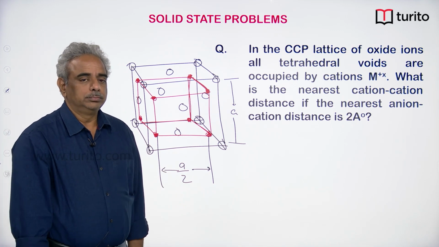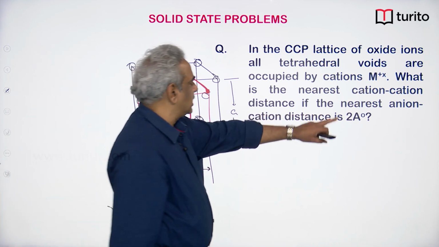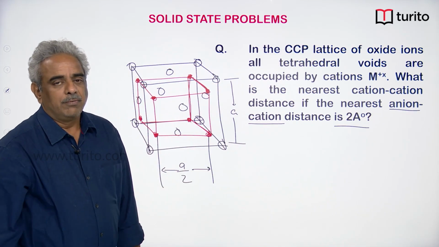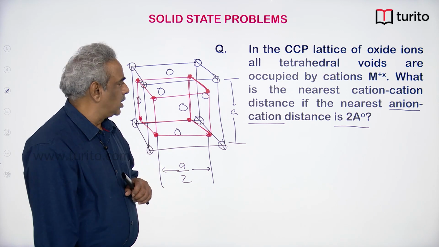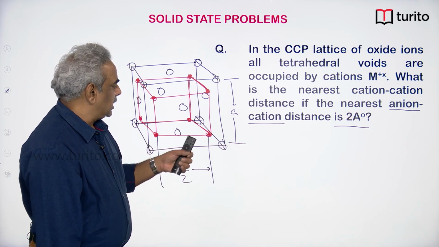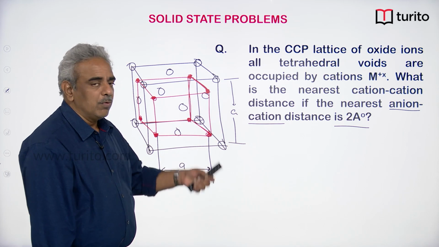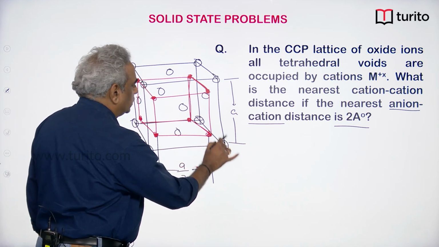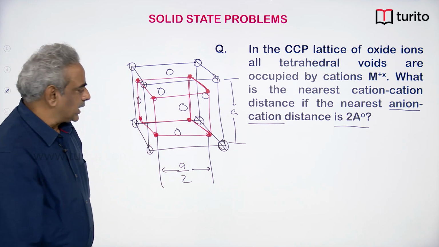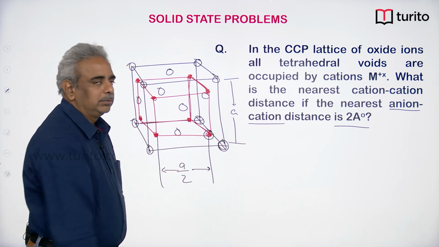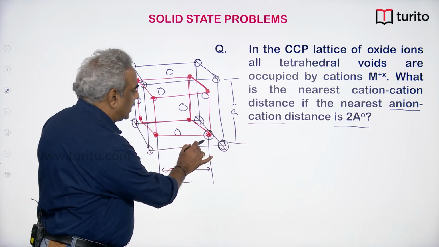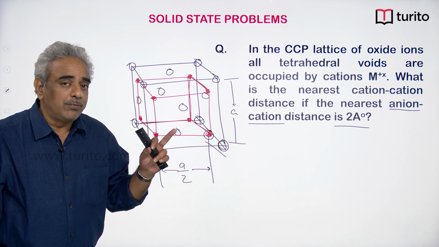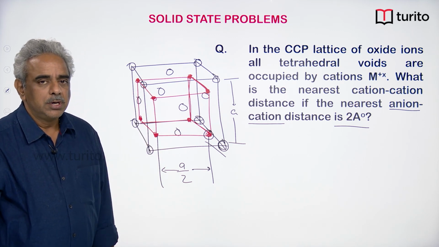A by 2. He says the nearest anion cation distance is 2 angstroms. First of all, where is the nearest anion cation distance? See, this corner is anion. Where is the cation? In the tetrahedral void. What is the distance between the corner and the tetrahedral void? Approximately 1/4 of the body diagonal.